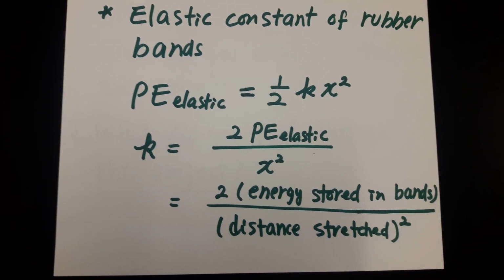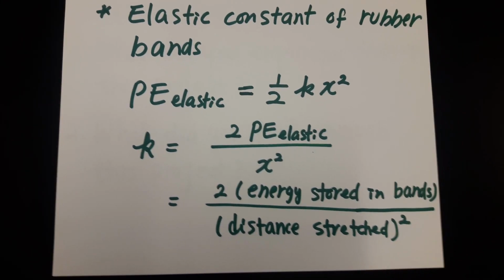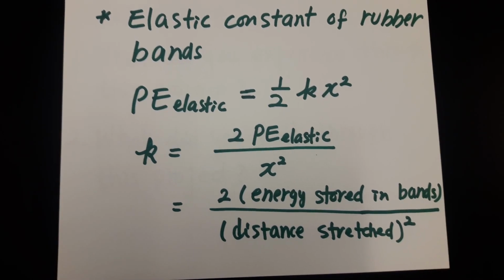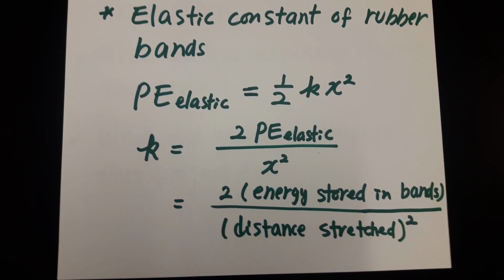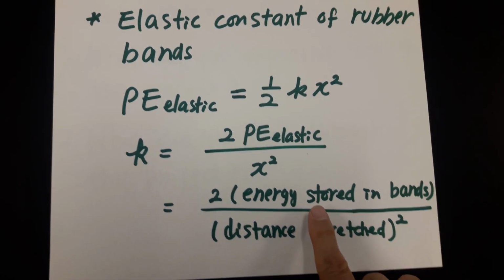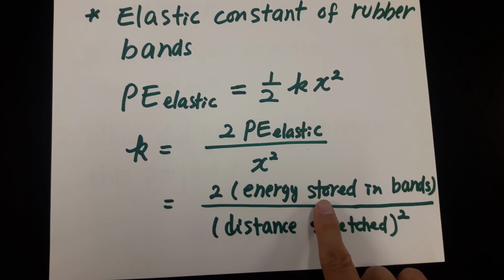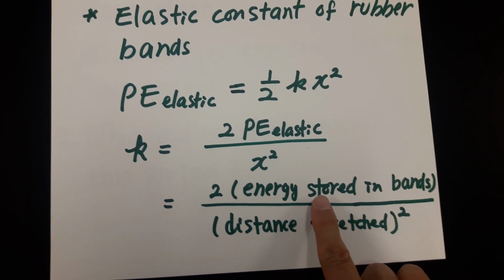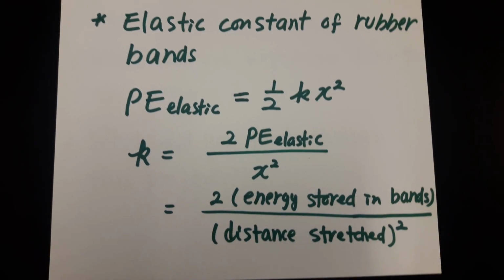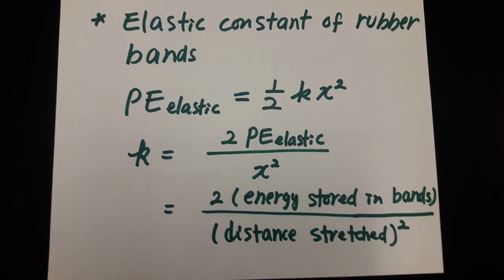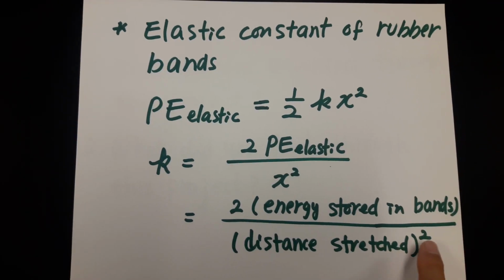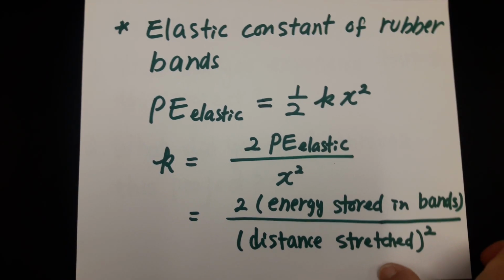And you divide each side by x squared. Then you have k equals 2 elastic potential energy over x squared. So this elastic potential energy is what you got just a minute ago, and this distance is what you measured during the experiment. So don't forget to square.